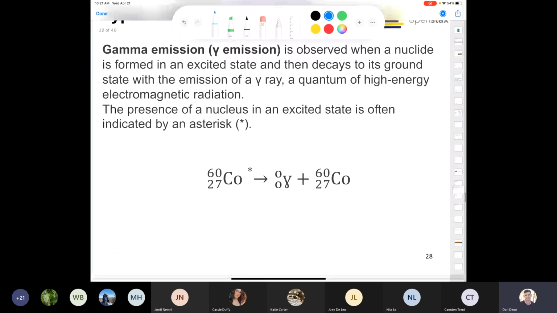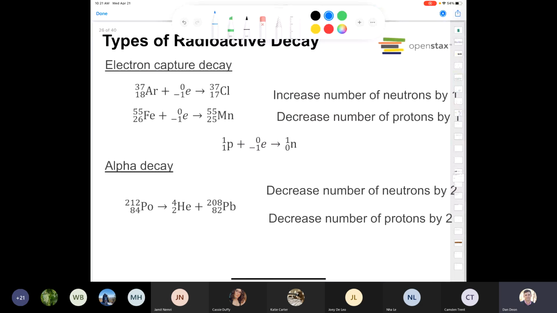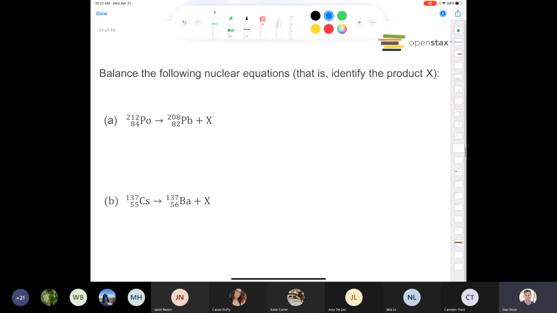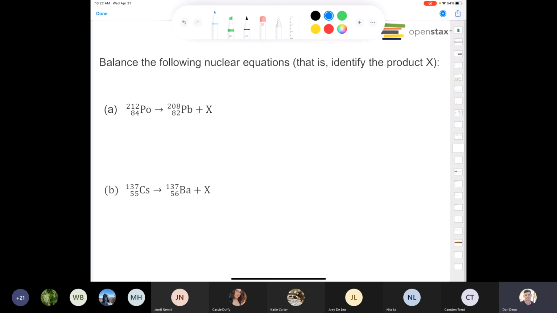Well, with that in mind, let me find where I was in my slides, which was right around here. And let's try balancing a nuclear equation. We have polonium-212, and it's undergoing some kind of decay to produce lead-208 plus X. So what's X?